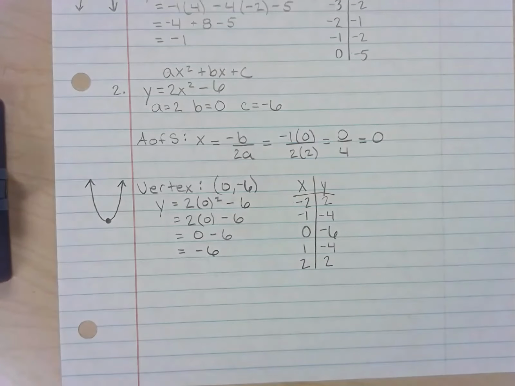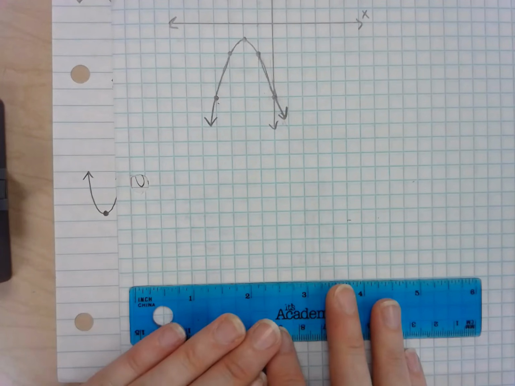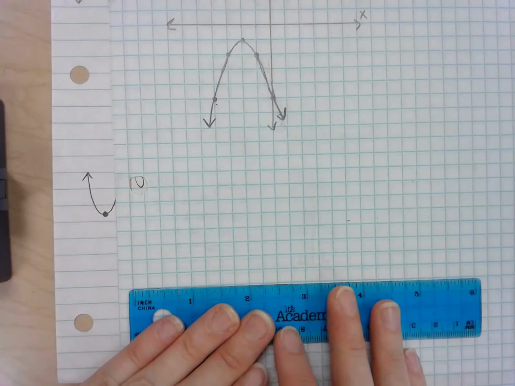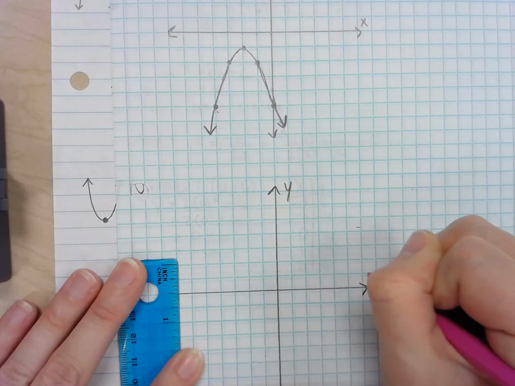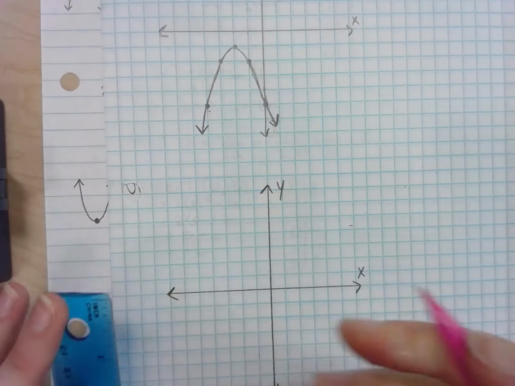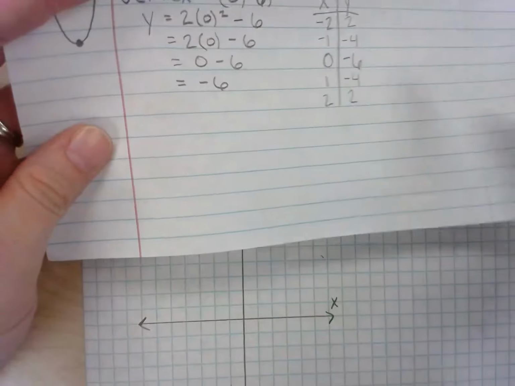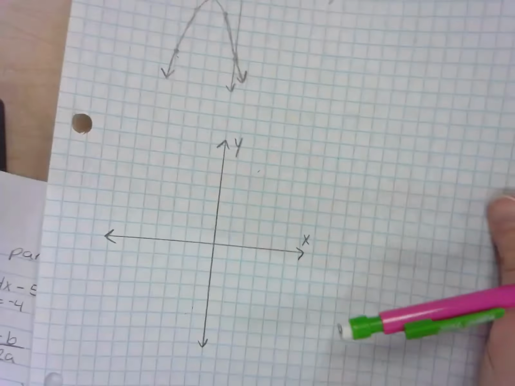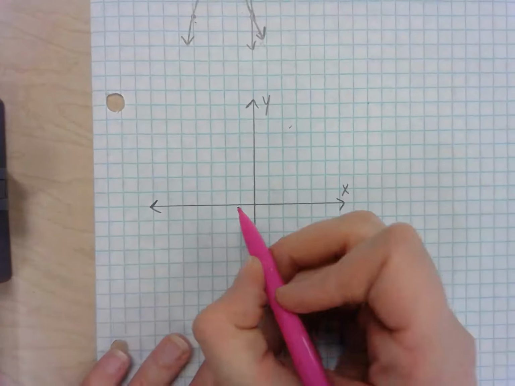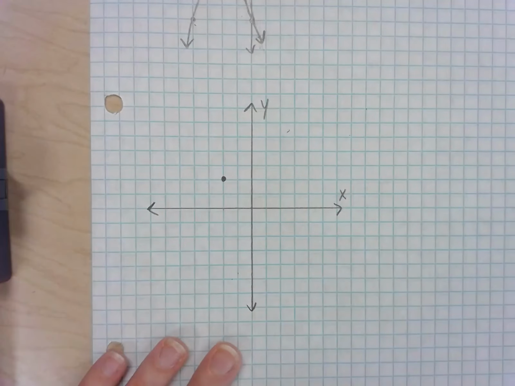So let's graph this on our graph paper. Our x and y axes. So for -2, 2, we'll go left and then up. So left 2 and then up 2. And then we have -1, -4.